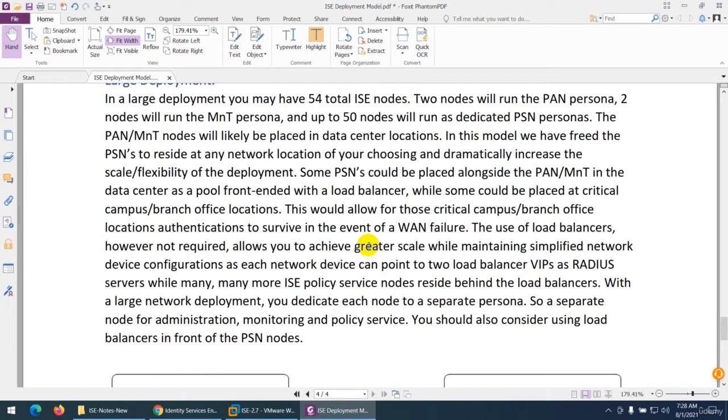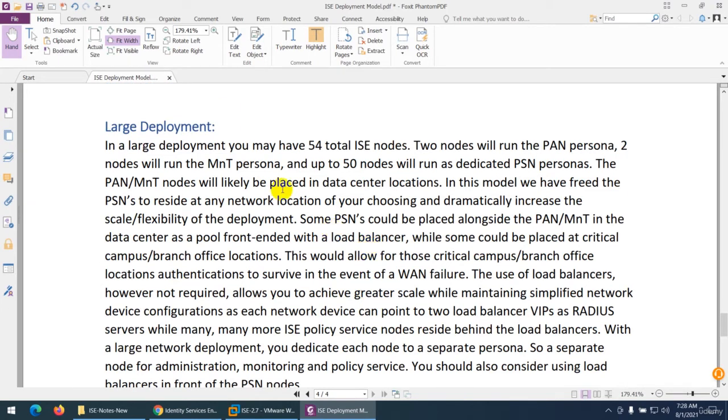Last but not the least is large deployment. In large deployment, you may have up to 54 total ISE nodes. 2 nodes will run PAN and 2 nodes will run the MNT persona again.